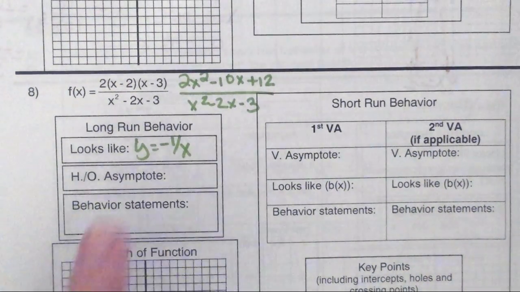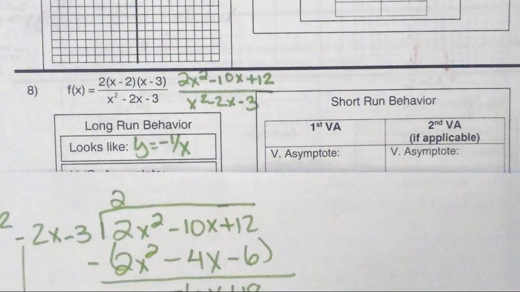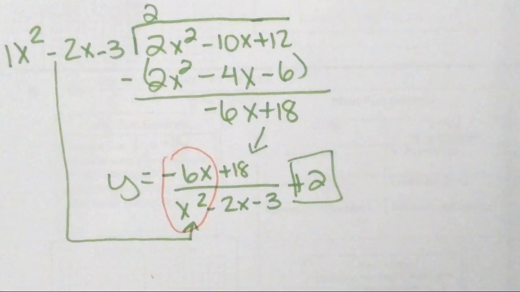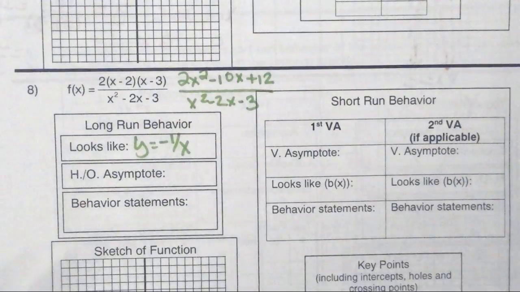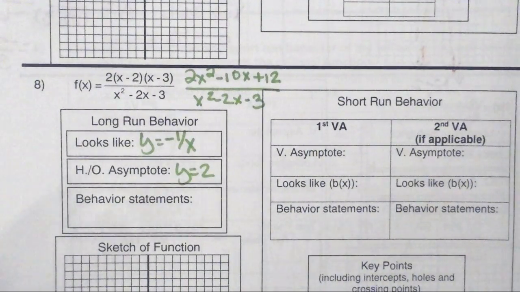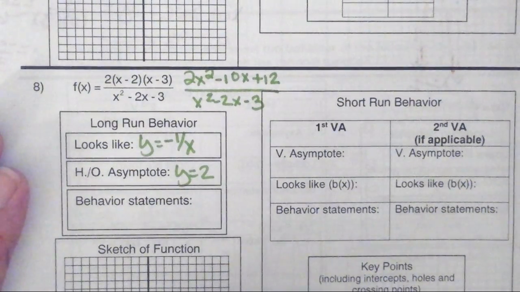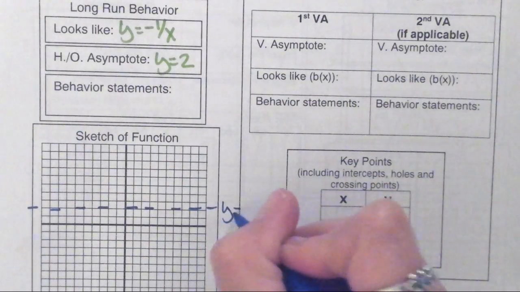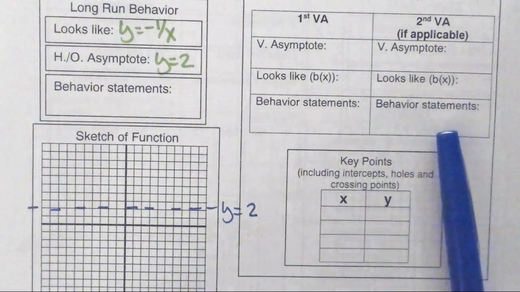Because I divided, the asymptote is not going to be at 0. Where is my asymptote at? It's at 2. Very good. It's that number that we added on the side. So we're going to have y equals 2. So now when I go graph this one, I'm going to have a line at 2. And it's going to look like a negative 1 over x.